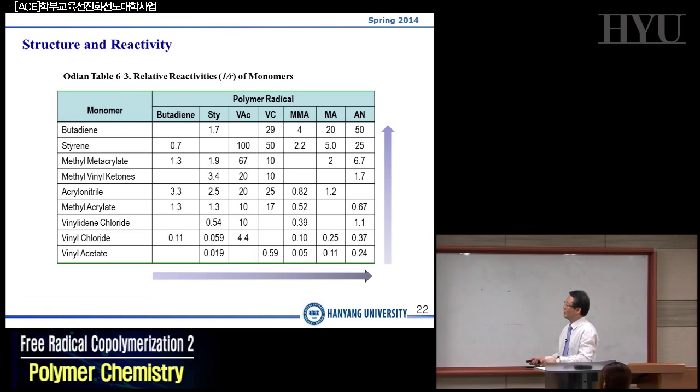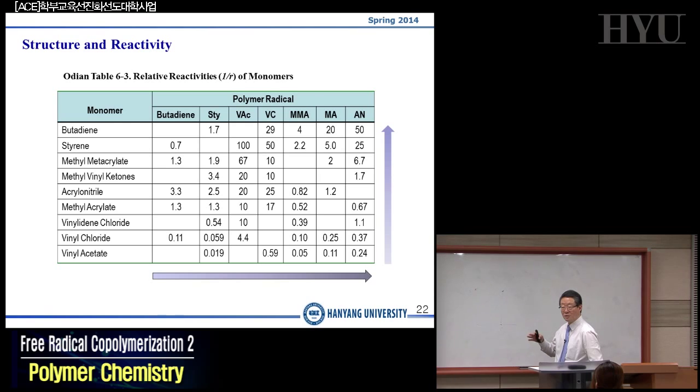If you take a look at these values, there might be some trends. The value will increase from bottom to top, bottom to top, bottom to top, but there might be some inconsistency. Relatively, it could be true, right?